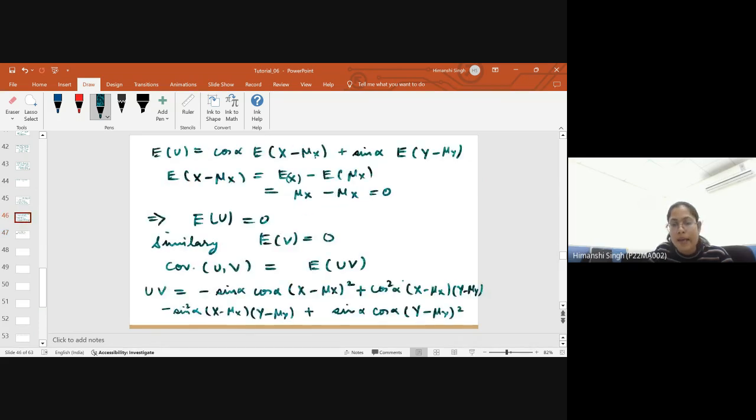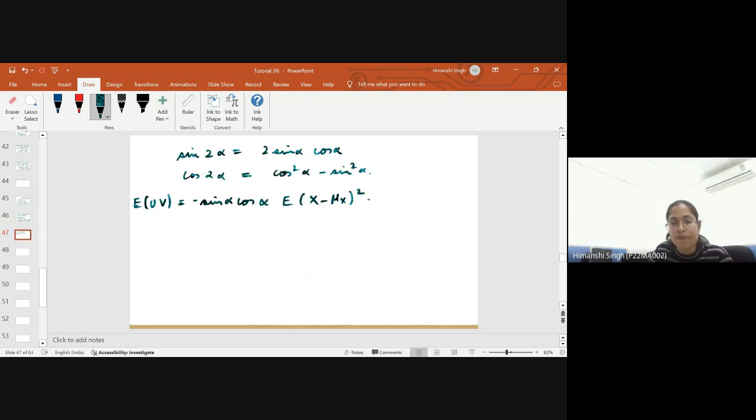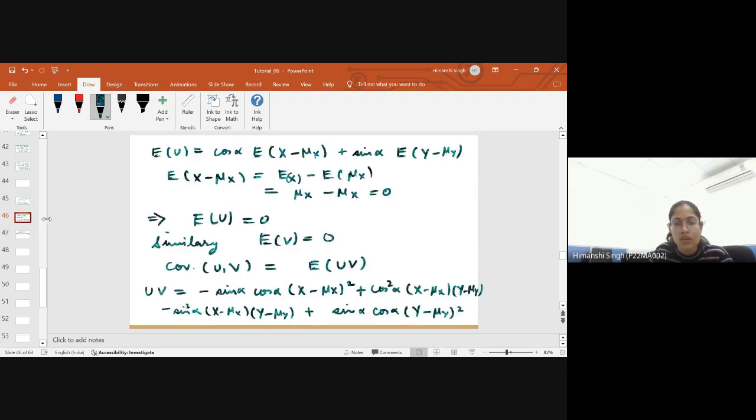Again the next term will be plus cos square alpha expected value of x minus mu x into y minus mu y. So basically this expectation is of this product, plus minus sine square alpha expected value of this thing.